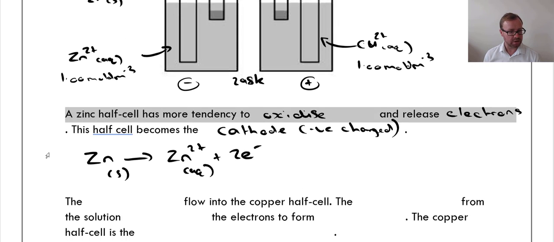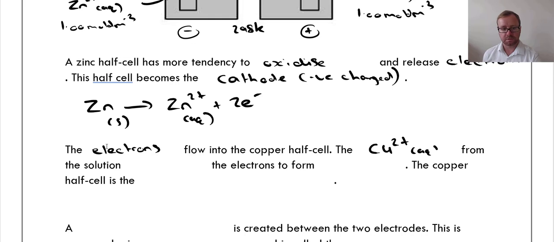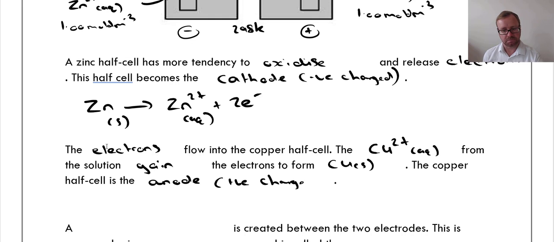So what's happened at the copper side? The electrons flow into the copper half cell, and the copper ions from the solution gain the electrons to form solid copper, and the copper half cell is the anode, positively charged.